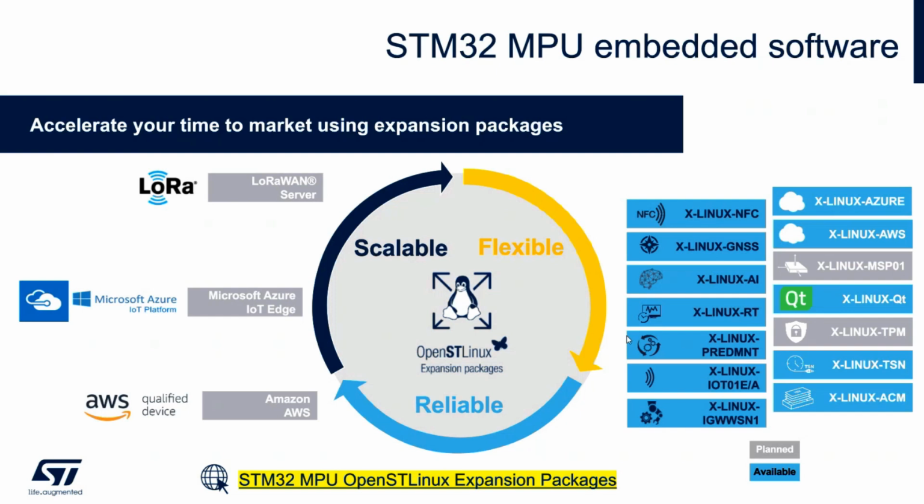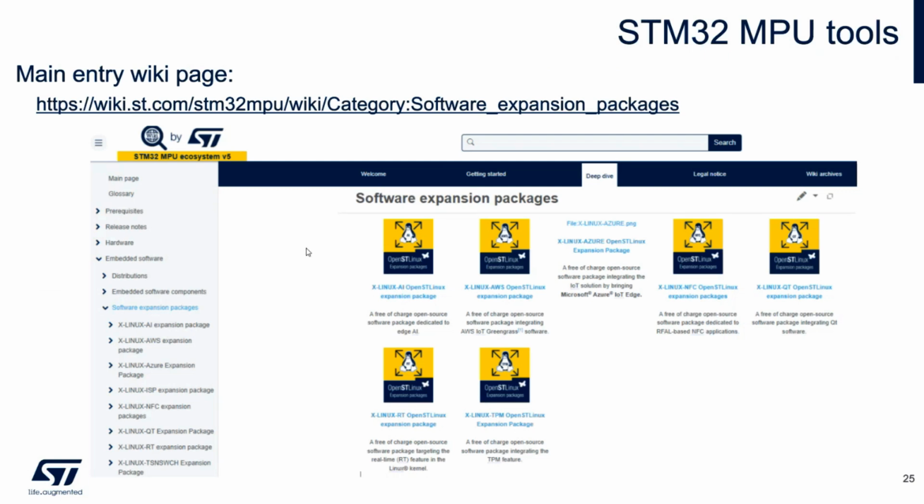Consider that OpenSTLinux is a Yocto-based distribution. This means that the X-Linux packages are meta layers that you can add on top of our OpenSTLinux distribution. And after the build, you will have the new functionality integrated inside your final image. I suggest you explore these X-Linux packages because usually they simplify the integration of new functionality.